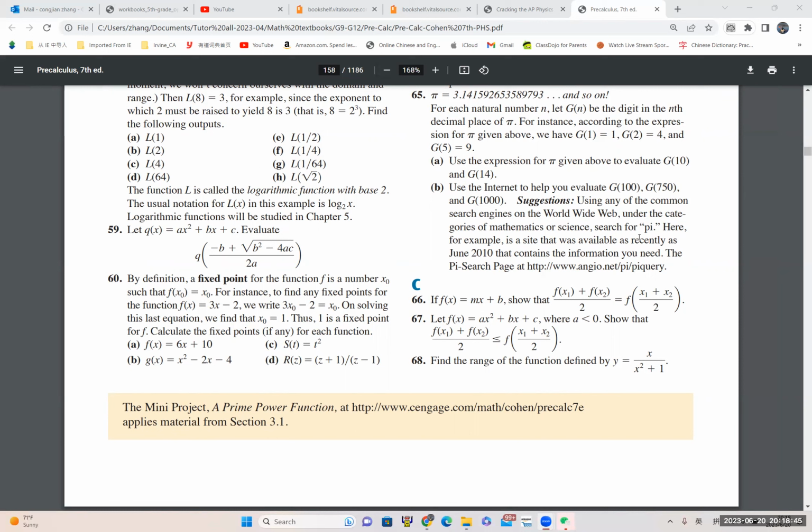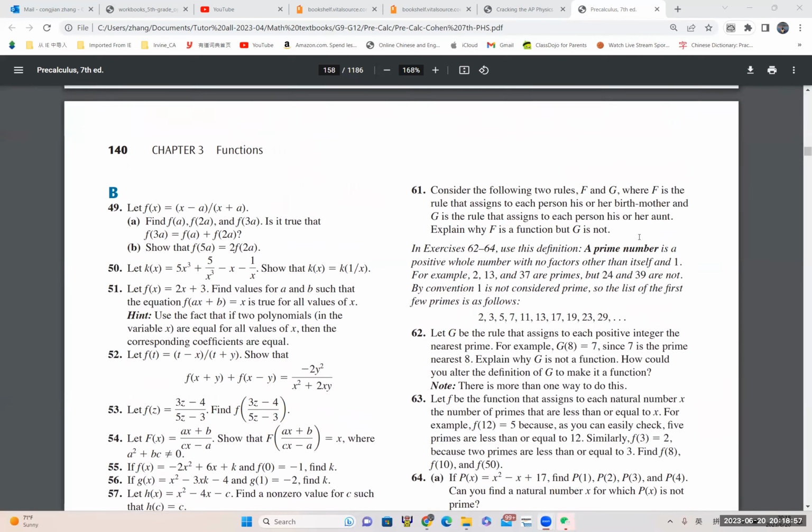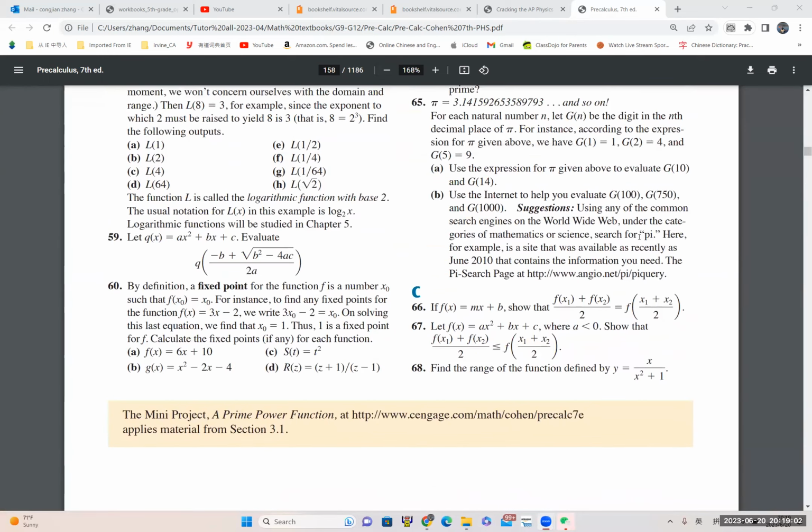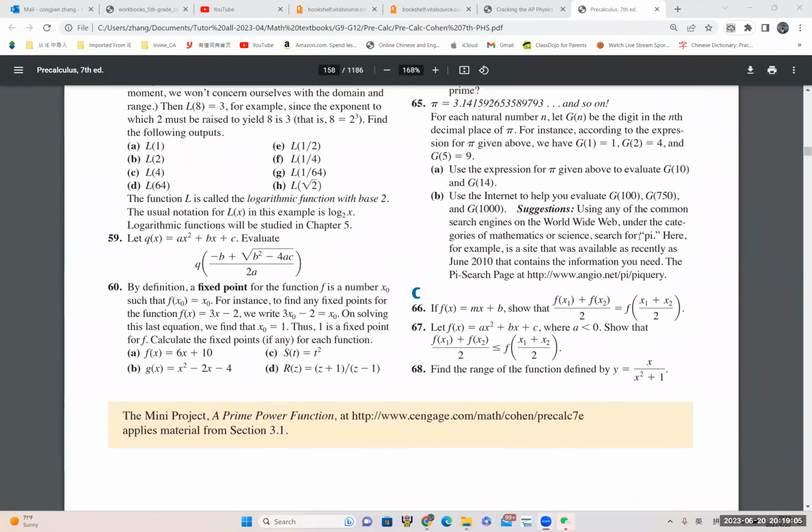How about this? You can write down your homework. This is section 3.1, right? You just do problems from 11 to 66. Just do the problems whose number is a multiple of 11, meaning you do 11, 22, 33, 44, 55, 66.